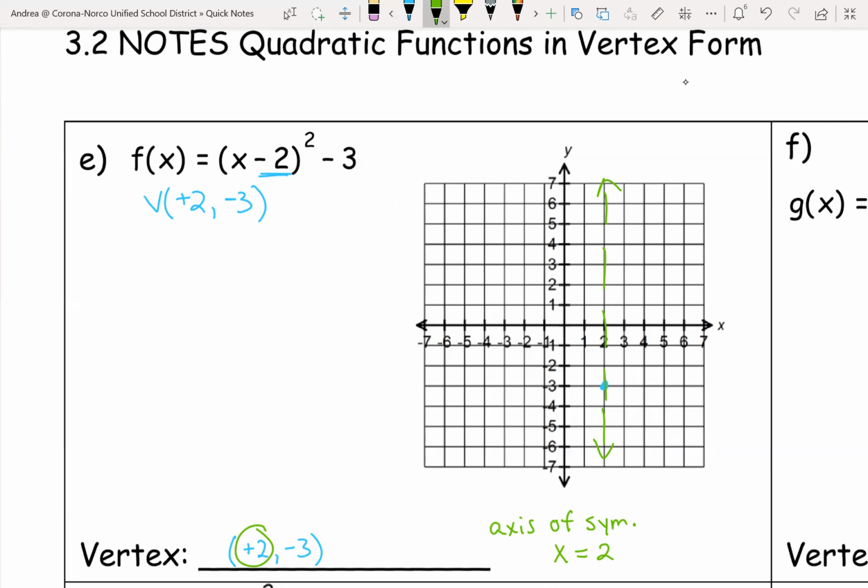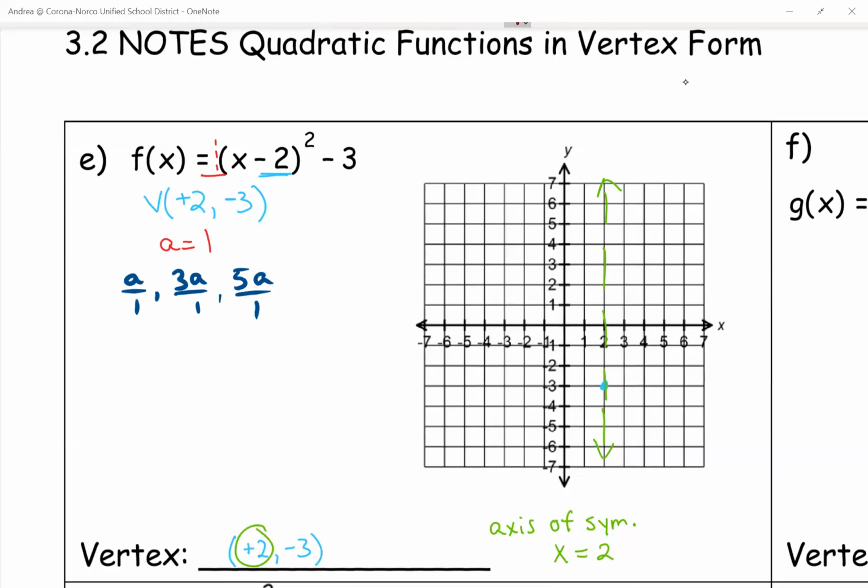Our A value. What is our A value? Very good. The A value is the number here. Since there's nothing there, it's just A equals 1. Our patterned rate of change is A over 1, then 3A over 1, then 5A over 1. So we plug it in.